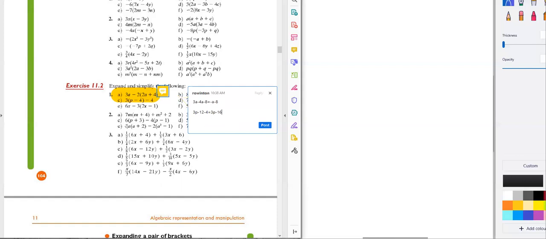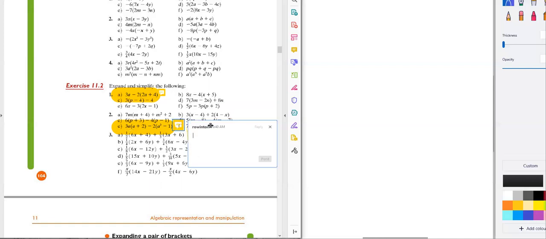Okay, so for 2e, look at 2e. The question is quite similar, just that you need to do expansion for two brackets. Let's see what is the answer. 3a times a, that means you have 3a squared.